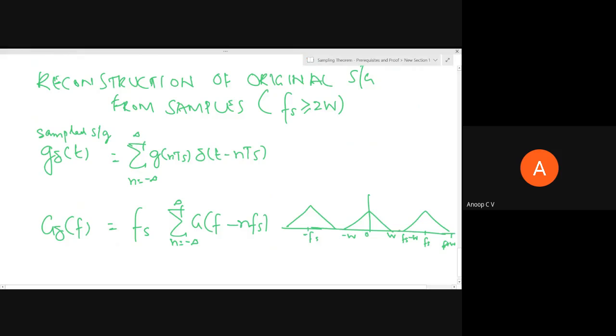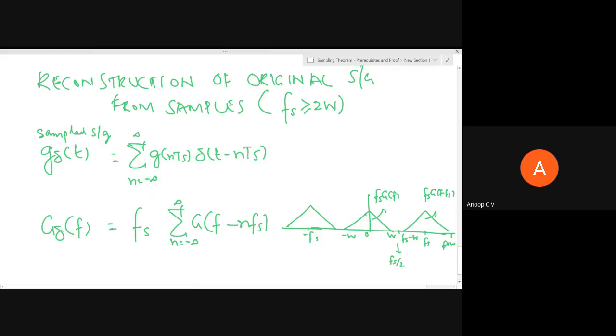The midpoint of the gap between these two spectra will be fs by 2. This will be fs into G(f), and this one will be fs into G(f minus fs), and so on.